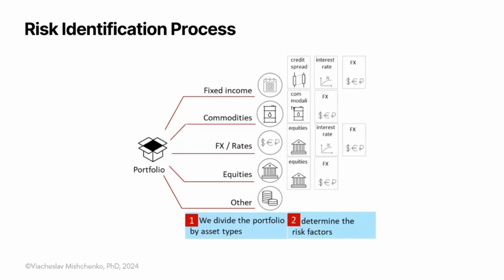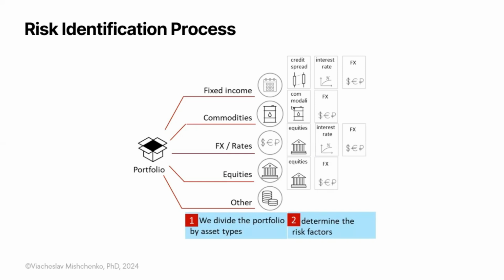Let's go on. So the next slide is the risk identification process. And let's dive into it. So here, the first step is to divide our portfolio by asset types, as you can see on the slide. On the one hand, it might seem straightforward, but in complex portfolios, usually it requires careful analysis.